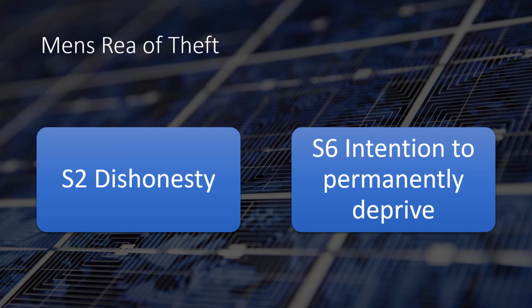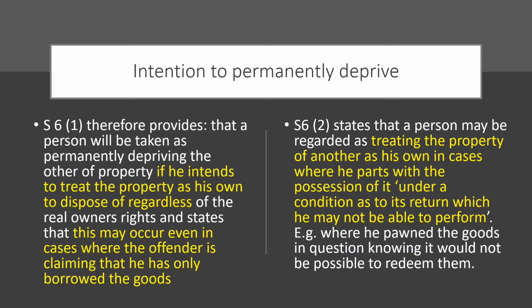Okay, so once we've established that the defendant was dishonest according to the Barton and Booth test, or section 2 in the situations where they're not dishonest, we need to look at the final element in this idea of section 6, which is the intention to permanently deprive. Section 6(1) tells us that a person will be taken as permanently depriving the other of it if he intends to treat the property as his own to dispose of, regardless of the real owner's rights, and states this might occur even where the offender is claiming he's only borrowed the goods.